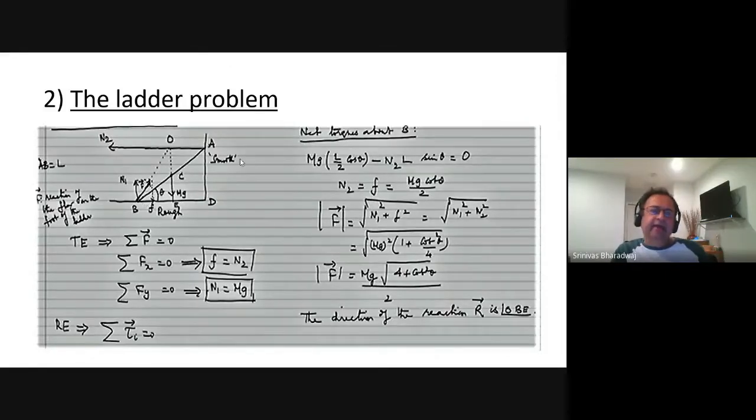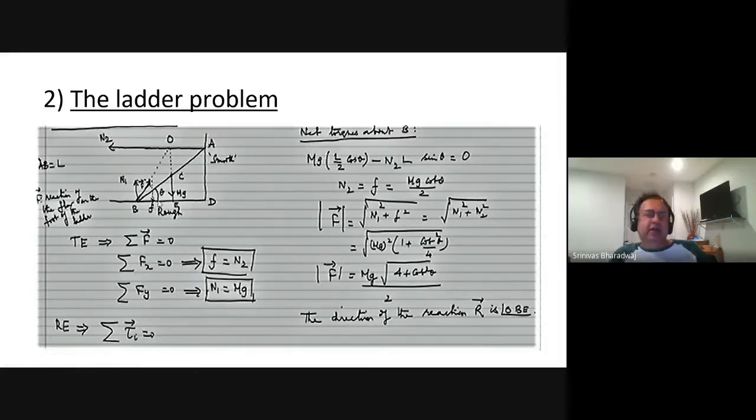And N is like that, right? So now it is making an angle theta. Therefore, this is the angle between r and mg, right? Therefore, the sine of that angle is the same as the cos of this angle.